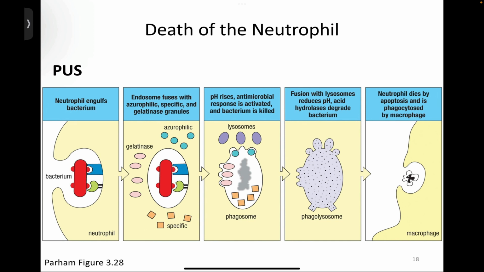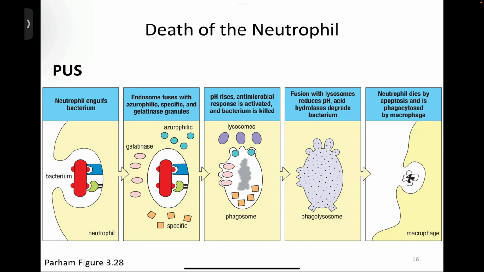You actually know this, even though you didn't know you knew it. Because oftentimes when you're seeing a site that will be finishing a process of inflammation, that body site will have a lot of dead neutrophils. What color, this is a really hard question. What color are white blood cells? White, right?